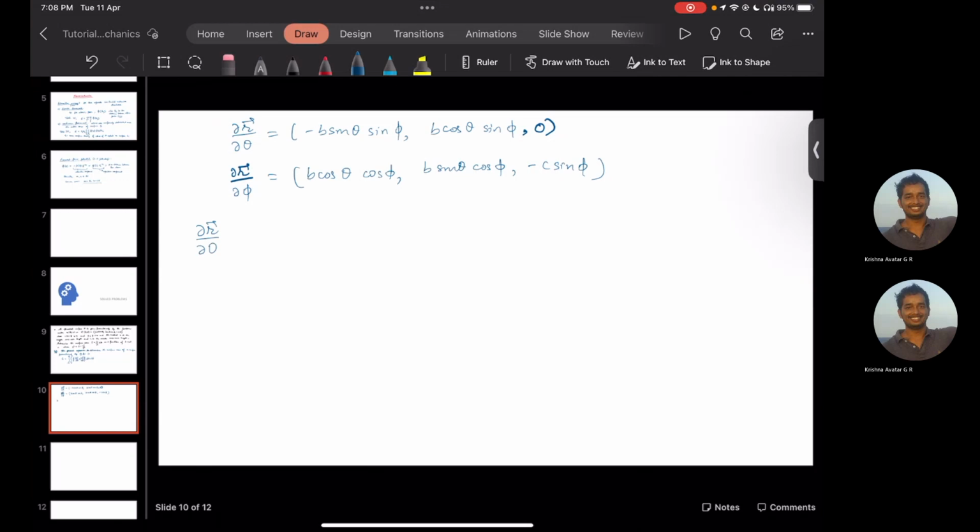Partial r vector by partial theta cross partial r vector by partial phi is equal to, let's use this approach: minus b sine theta sine phi, b cosine theta sine phi, 0; b cosine theta cos phi, b sin theta cos phi, minus c sin phi.